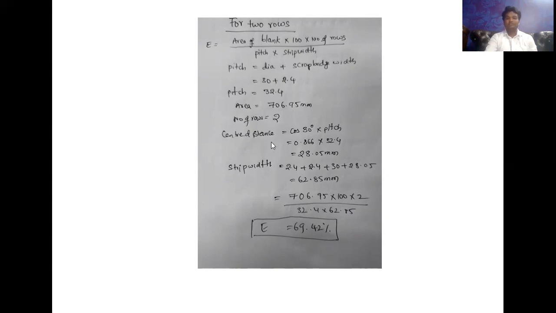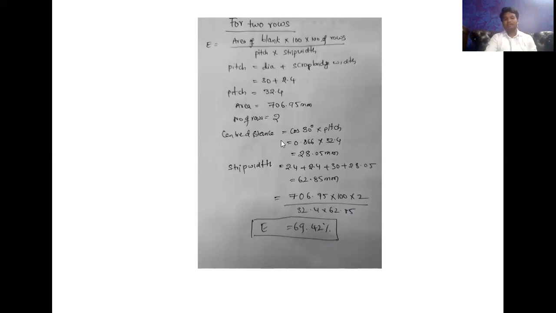In the previous case, the single row, the center distance from one circle to another was not necessary. But here in the two rows, it is necessary to have a center to center distance so that they can reduce the material for the strip for the blanking operation.